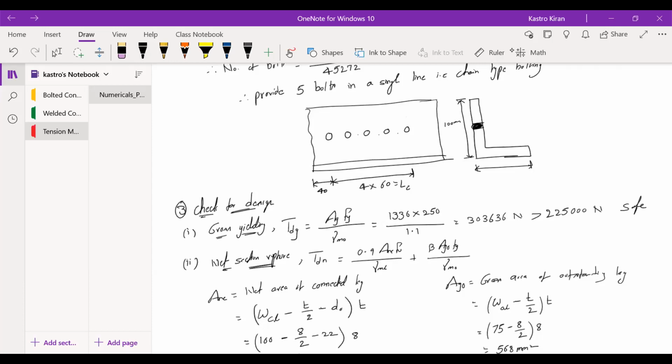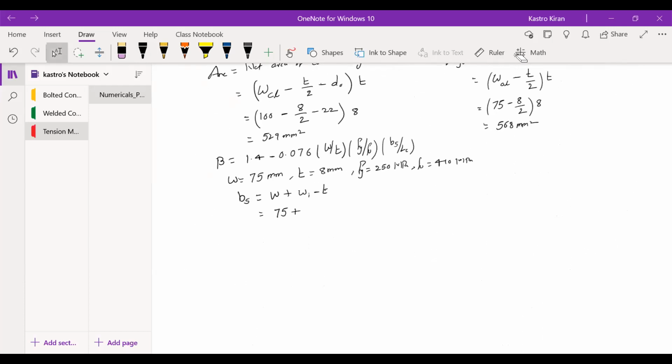Remember, when you are not given the Wi value, obviously in design oriented problems you will not be provided with any data, consider Wi value equal to the edge distance.